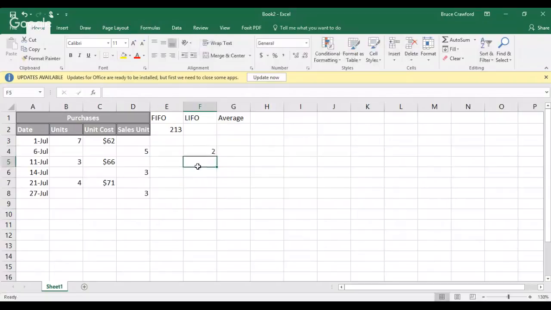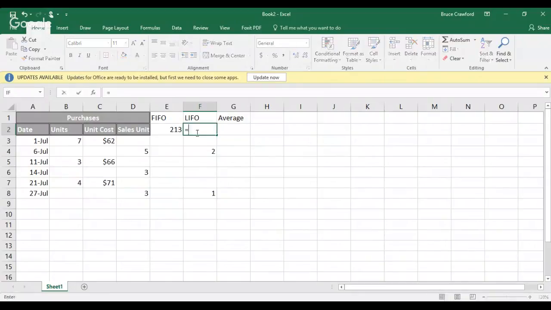Then they bought 3 more units and sold 3 units. So we're assuming that they sold those 3 that they bought for 66. So the cost of these 2 remainder units is $62 each. And then they bought 4 units and sold 3. So they have 1 remainder, and that one we know costs $71.